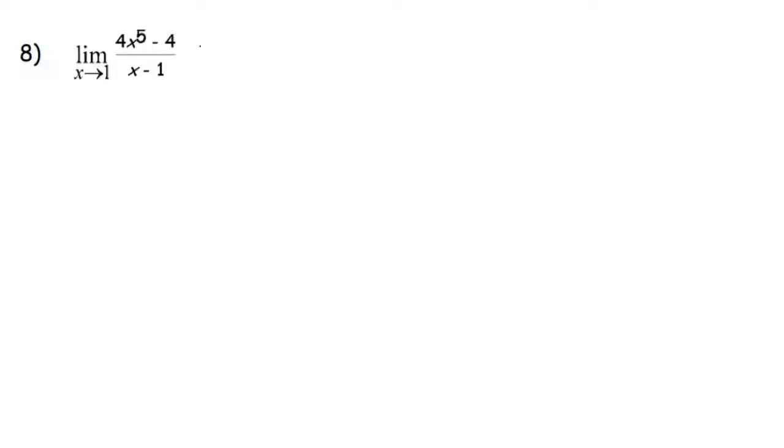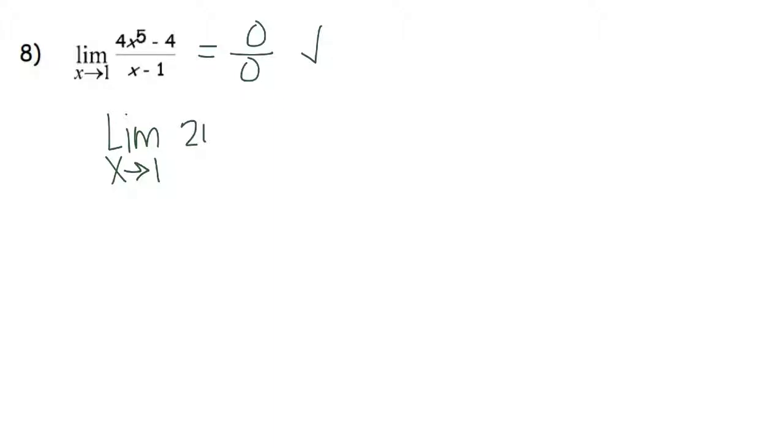So if I plug in 1, very quickly, 4 minus 4 over 1 minus 1. So yay, hooray, we get to do L'Hopital's rule. So we have the limit as x approaches 1. And let's do the derivative of each term.